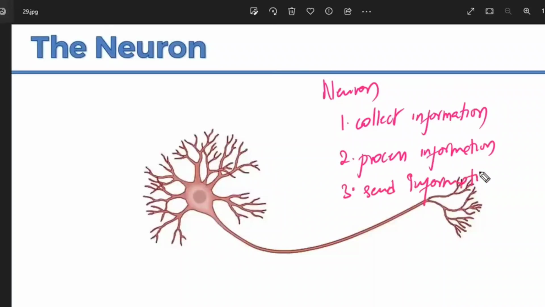Whatever you have processed, send to the next neuron, whichever is connected to you. You can't send to others, only to what is connected to you. Any neuron will do the same, except input neurons. Input neurons just take the information, and from there the next step will start.